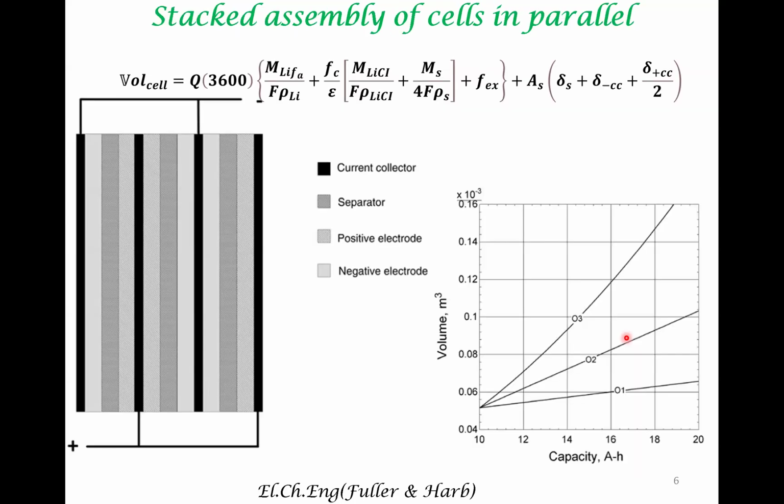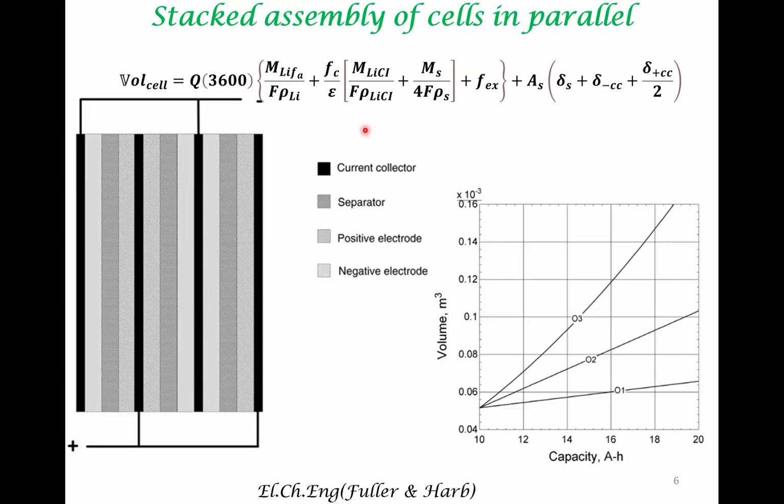So what we should be looking at when we analyze trade-off is that we should be able to represent the trade-off quantitatively. So analyze the terms associated with increase in cross-sectional area, terms associated with increase in thickness of the current collector, and terms associated with these quantities.